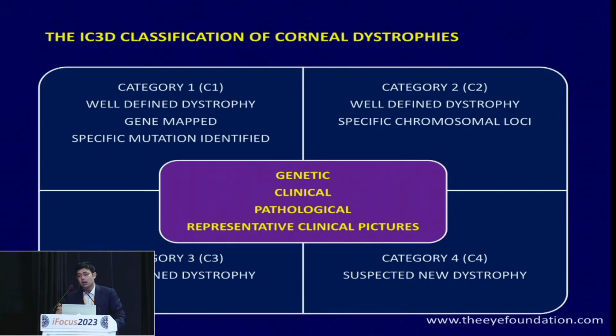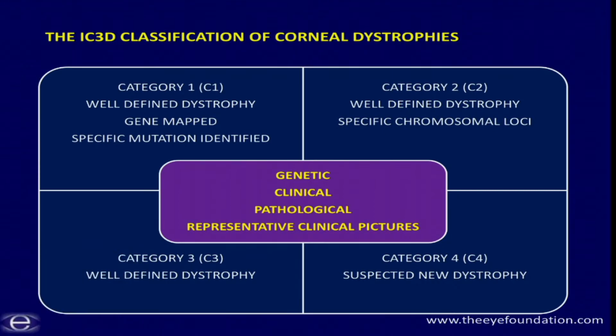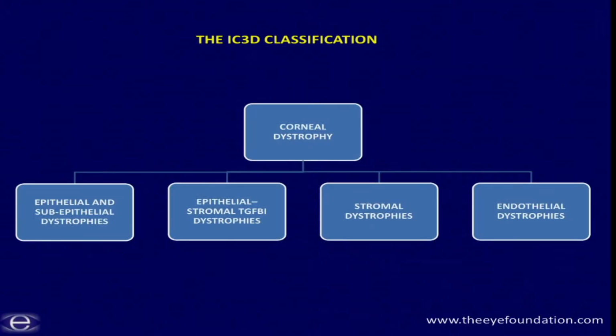Category 4 are essentially the rare dystrophies, where only a handful of cases have been seen by even the most experienced of cornea surgeons, where it is difficult to pin them down into one category, and they are all put under the basket of C4.